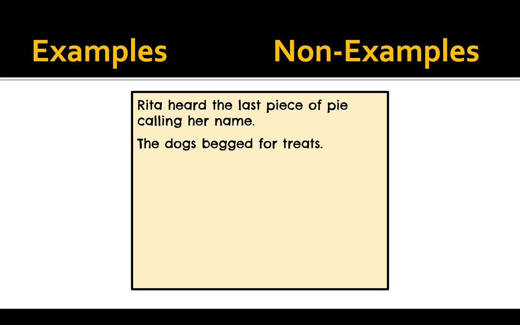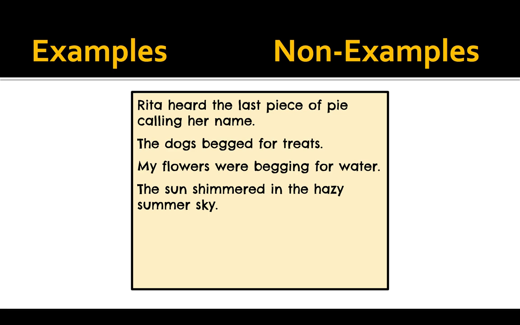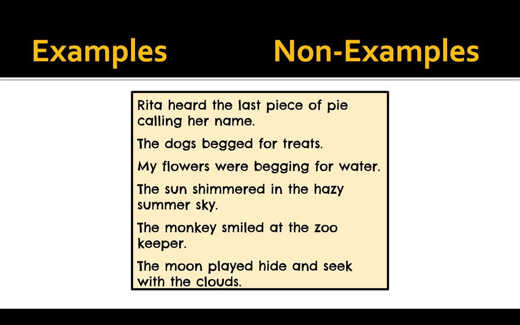The dogs begged for treats. My flowers were begging for water. The sun shimmered in the hazy summer sky. The monkey smiled at the zookeeper. And the moon played hide and seek with the clouds. So you could pause it now and decide which one of these are examples of personification and which ones are not.